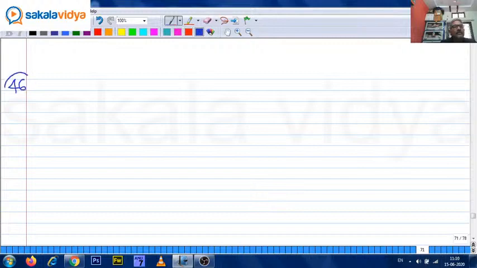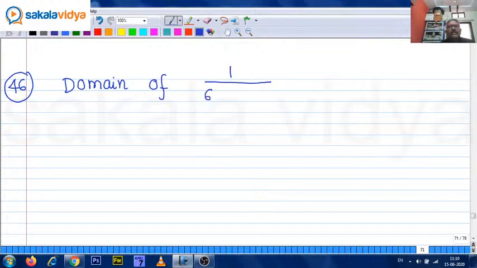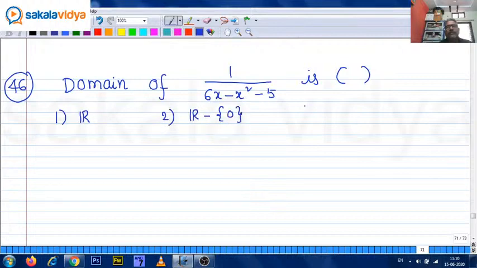Question number 46. Domain of 1 upon 6x minus x square minus 5 is: first option R, second option R minus 0, third option R minus 5, fourth option R minus 1 comma 5.